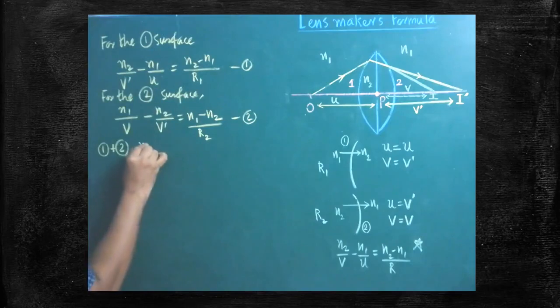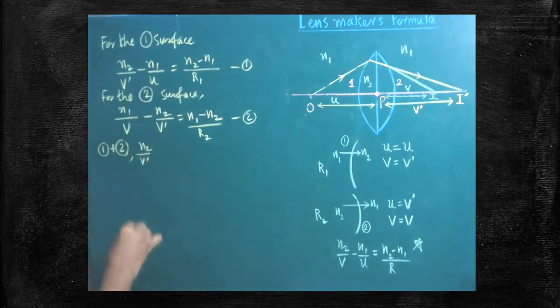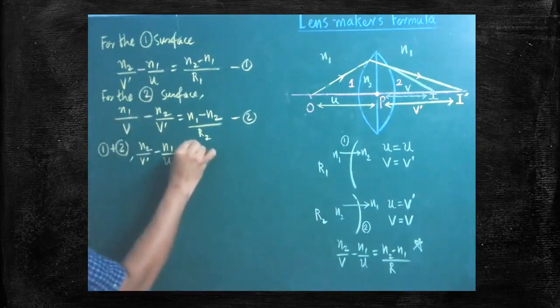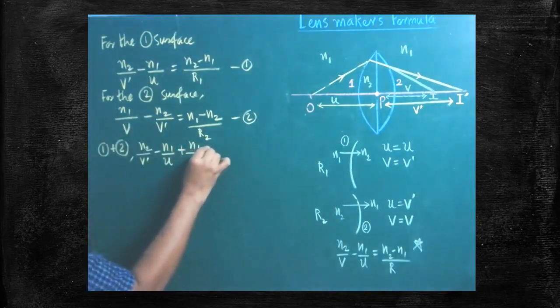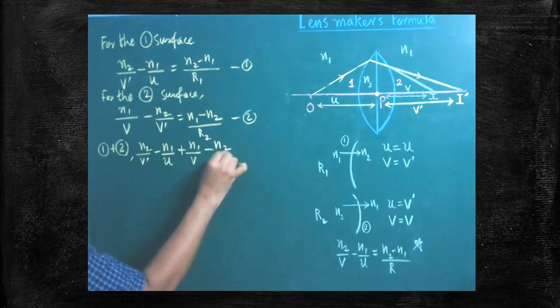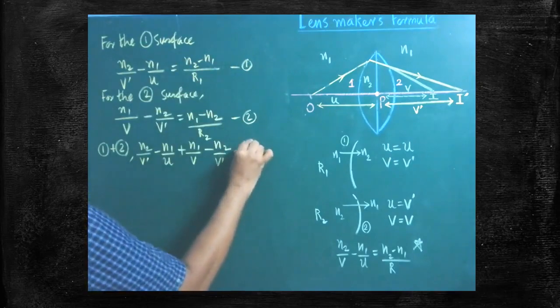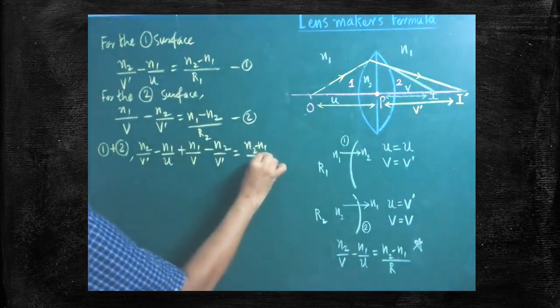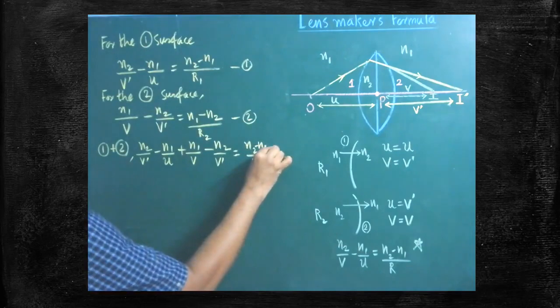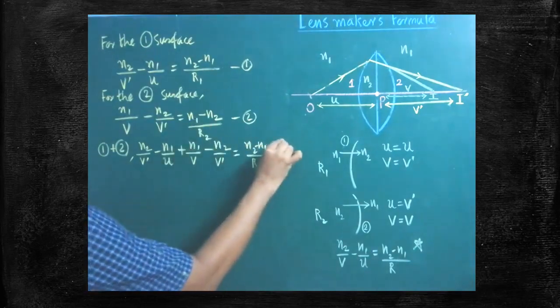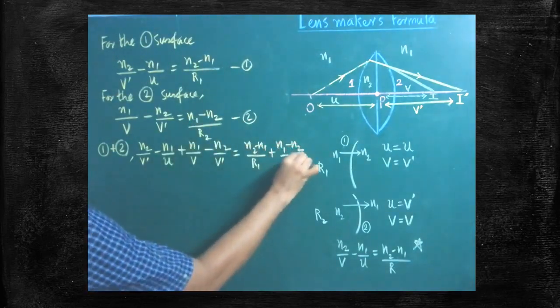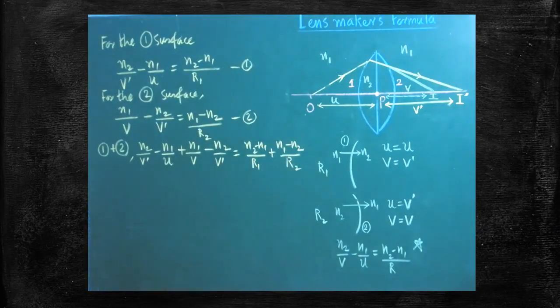Add them in proper form: N2 divided by V dash minus N1 divided by U, plus N1 divided by V minus N2 divided by V dash, is equal to N2 minus N1 divided by R1 plus N1 minus N2 divided by R2. So in this form we can write.